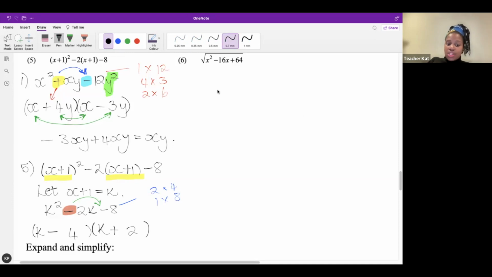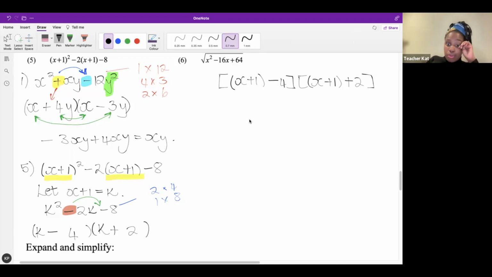Now, the only trick is you need to remember to go back and change your K to your brackets. Are we with me? So then we have an answer, K minus 4 and K plus 2. Then you open your brackets and you say, then it's x plus 1 minus 4 and x plus 1 plus 2.